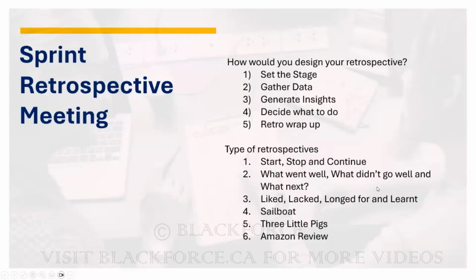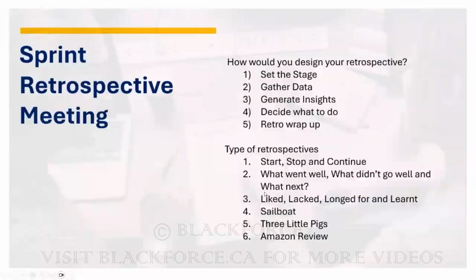For the past 2 weeks, did you learn something new, something different, or did you like this part? You just write all those details based on what you've achieved or learned or wish was there during the last 2 weeks of your sprint. You can use the sailboat, you can use the 3 little pigs and the Amazon review.